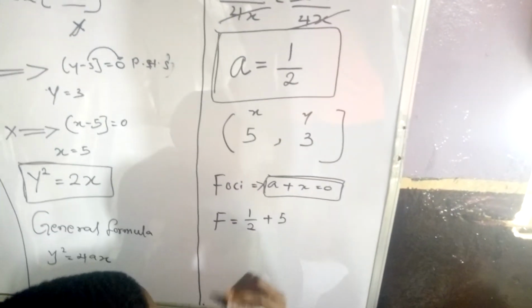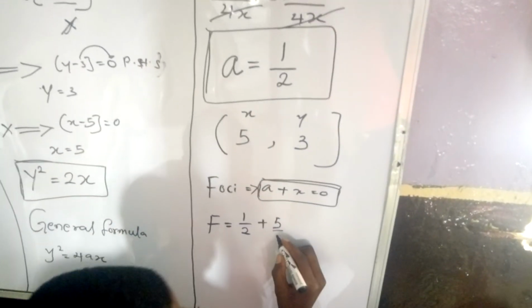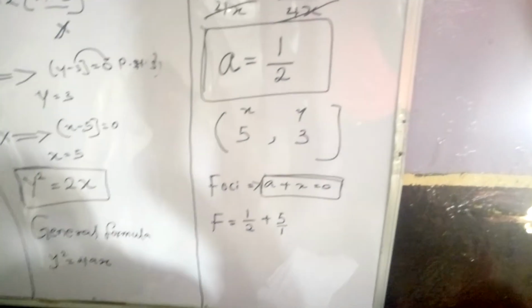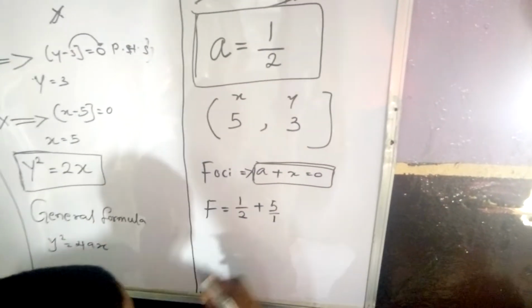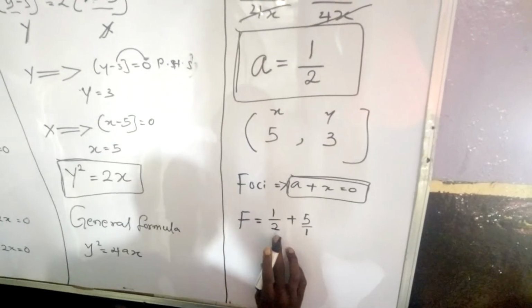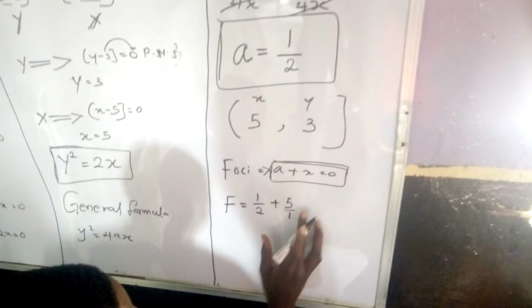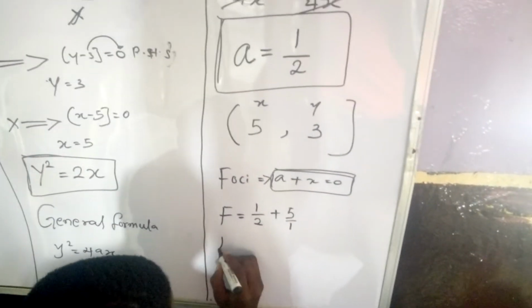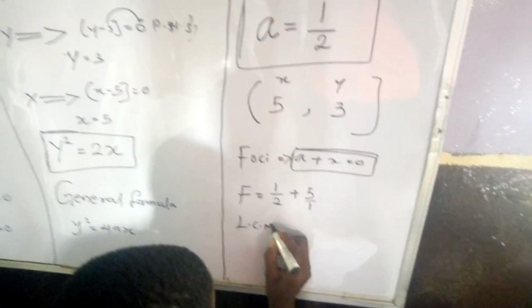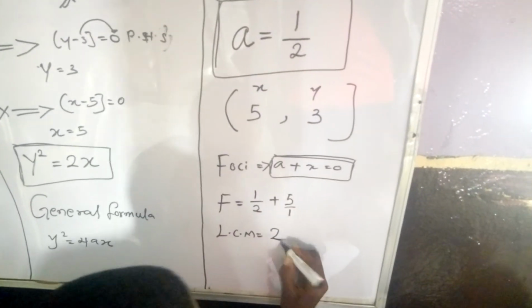Then our 5 is having over 1. Then the LCM of 2 and 1 is 2.